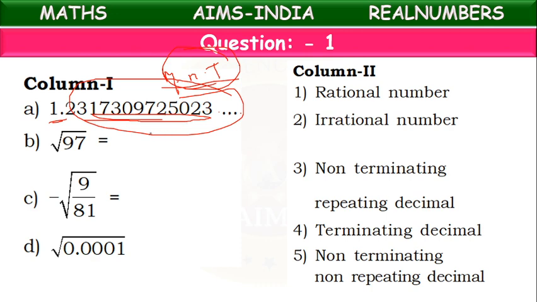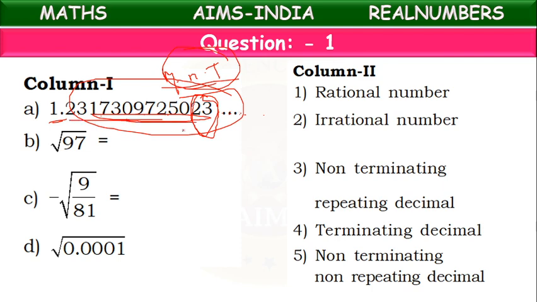Is it repeating? 2, 3, 1, 7, 3, 0, 9, 7, 2, 5, 0, 2, 3. So here 2, 3 is there, and here 2, 3 is there. But they have not given the complete expansion.